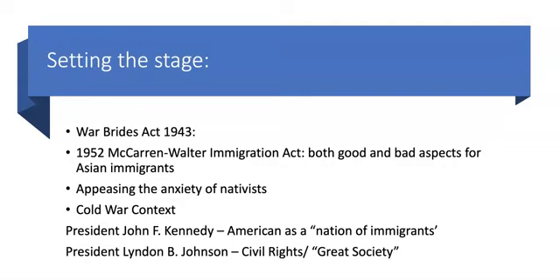But of course, there are laws in effect during this time that prevent that from happening, as we know, right? Asian exclusion. So what the government does is pass a law that allows these servicemen to have their brides come over with them from Asia. So this is the War Brides Act of 1943.